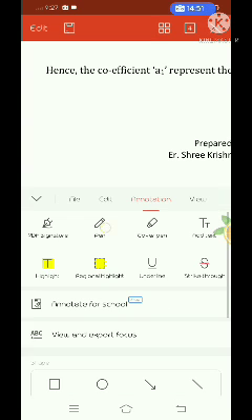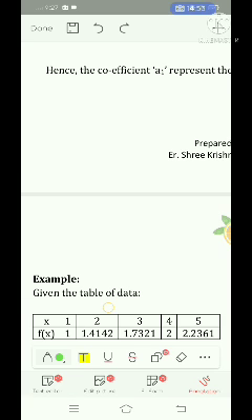It lies between 2 and 3. Di ba? Itong 2.5. The 2.5 lies between here. So, therefore, this will be our 2 points. This will be the 2 points of our line na gagamitin natin.